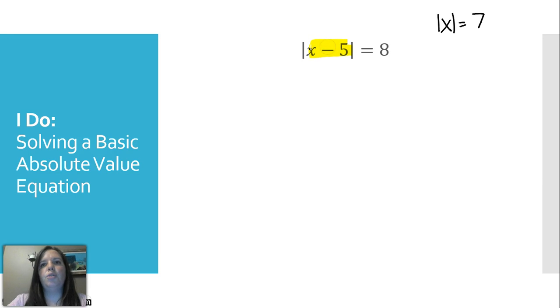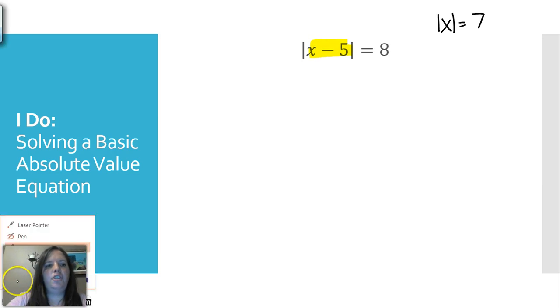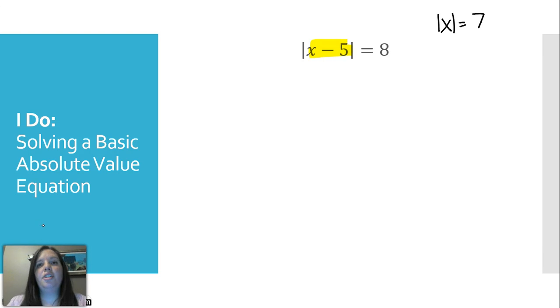I almost want you to ignore that for a second and think just about what this is saying. It's saying there's a value on the inside of the absolute value, and it is equal to 8. So what has to be true about this value overall? For the absolute value of it to be 8, this has to either equal 8 or it has to equal negative 8.